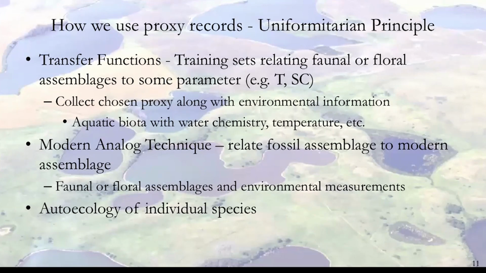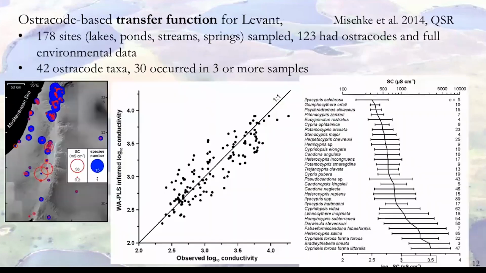So that's the complete life cycle, when they molt, when they hatch, where they bloom, and how they react to different environmental factors. Here's an example, a transfer function by Stefan Mischke and co-authors. It's the Levant. 178 sites were sampled and 123 had full environmental data and ostracods, so they were kept.